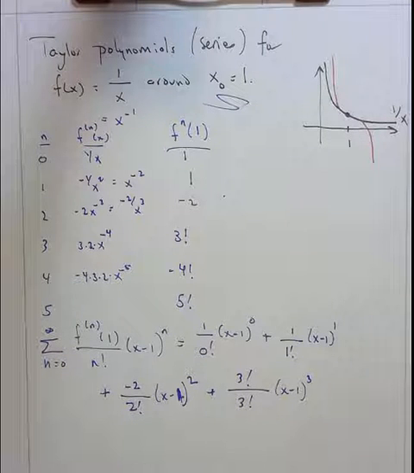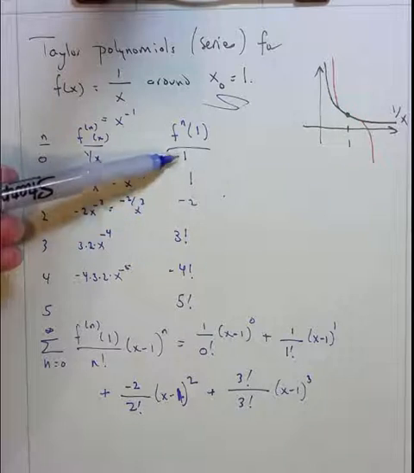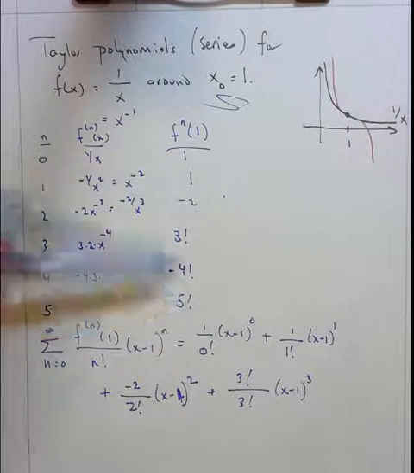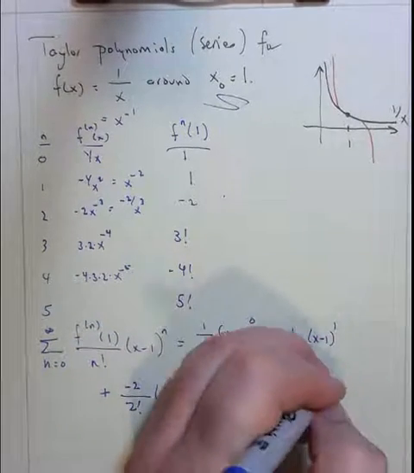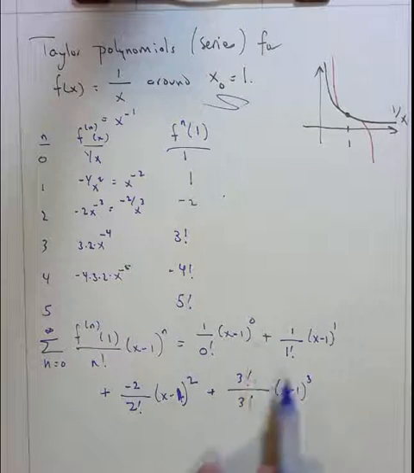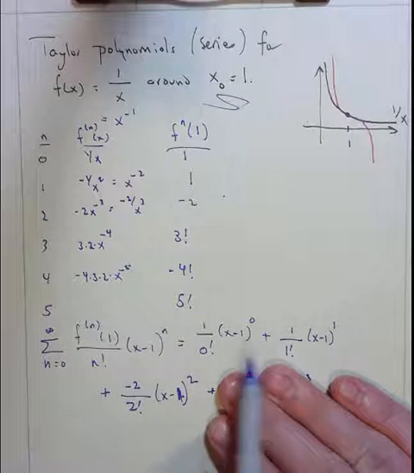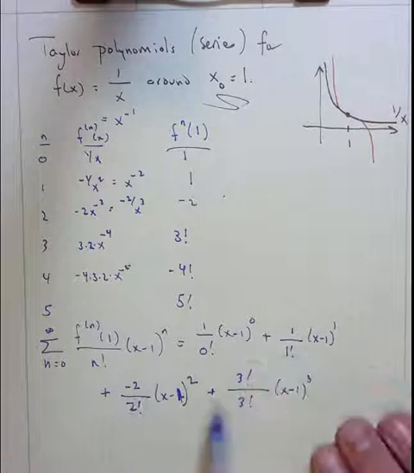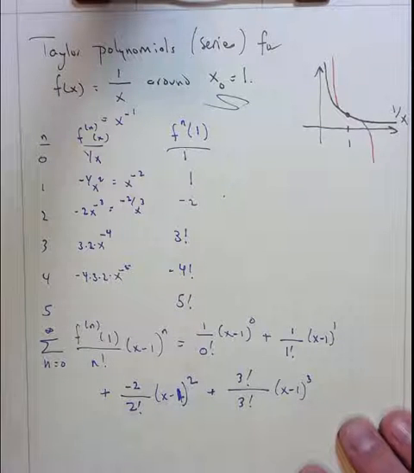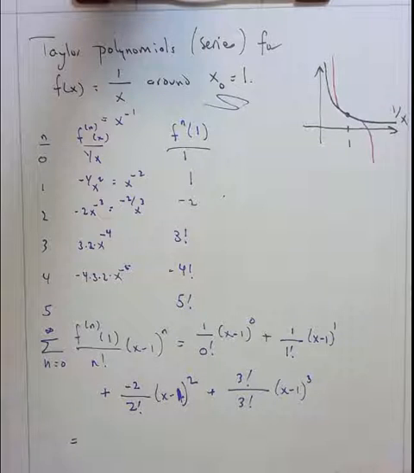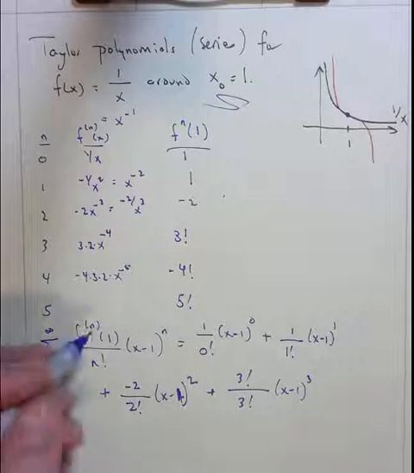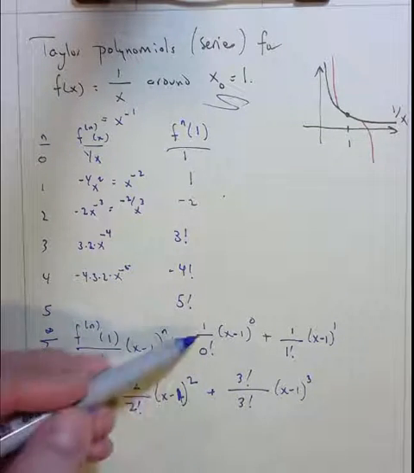And look what's happening to the coefficients. The values that are coming out of my derivatives are canceling this n factorial that's built into the formula for our Taylor polynomial or series. Right now, if I covered this term, I've got the second order Taylor polynomial. With this, it's the third order Taylor polynomial, etc., etc. With the little bit of space I have left, I'm going to simplify these things.